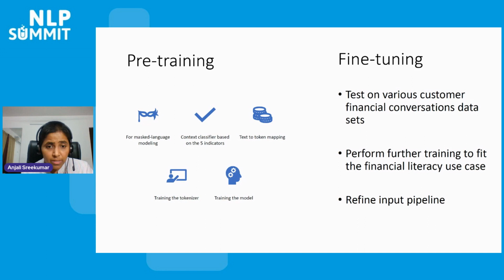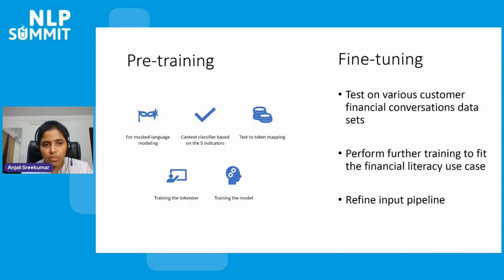You then map the text to token, train the tokenizer, and then eventually train the model. Once you reach the training the model phase, you are in that iterative loop of observing the results, validating them, going back and refining the model itself, to see what is the best accuracy you could receive.